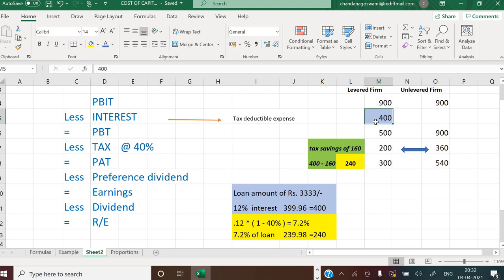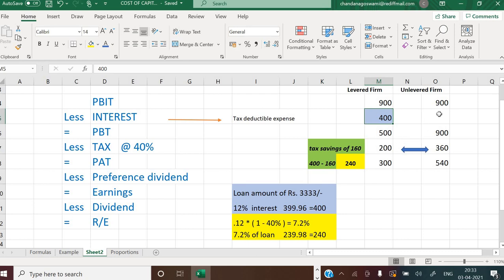After paying off this interest, our profit before tax is 500. And if I have to pay tax at the rate of 40%, it means that 200 is going to be paid as tax and 300 is left as profit after tax.